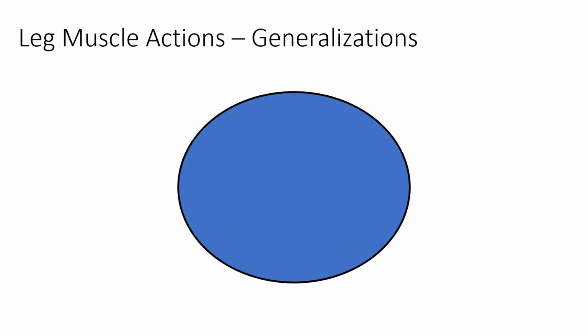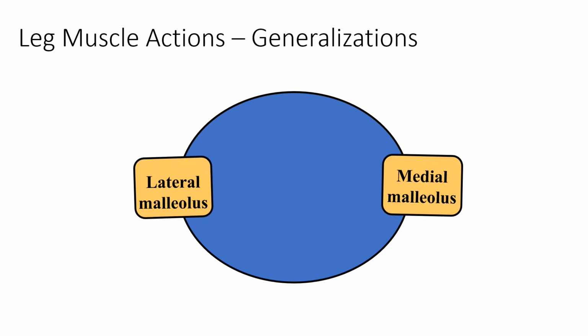So how it works is we're just going to make it very simple, and we're looking at a cross-section of the ankle. Here we have our medial malleolus and our lateral malleolus, so we're looking at the left ankle joint. If we draw a line horizontally between the malleoli, we can essentially split this ankle joint where anything in front of this line is the anterior portion, and that is the posterior portion on the underside.